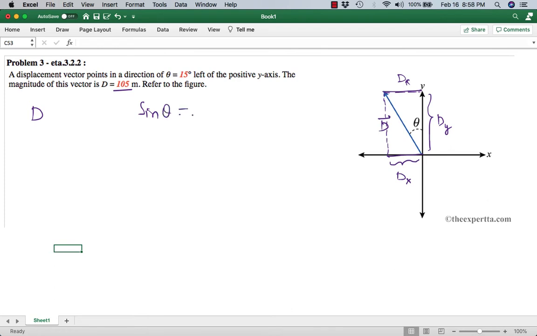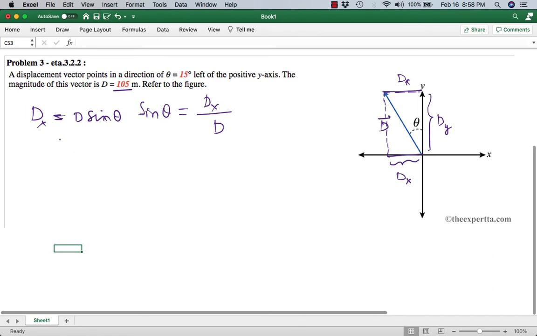So sine theta would be opposite, which is dx, over hypotenuse, which is d. Here we only want to write the magnitude. We don't need to write the vector here. We are dealing with the values or magnitude only. So that means dx would be d sine theta.